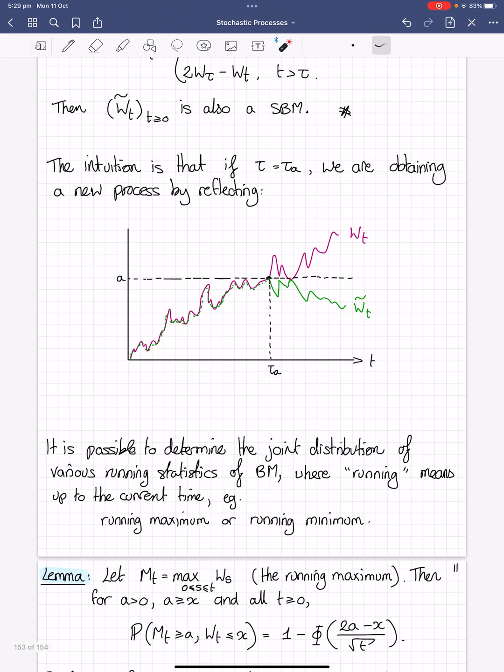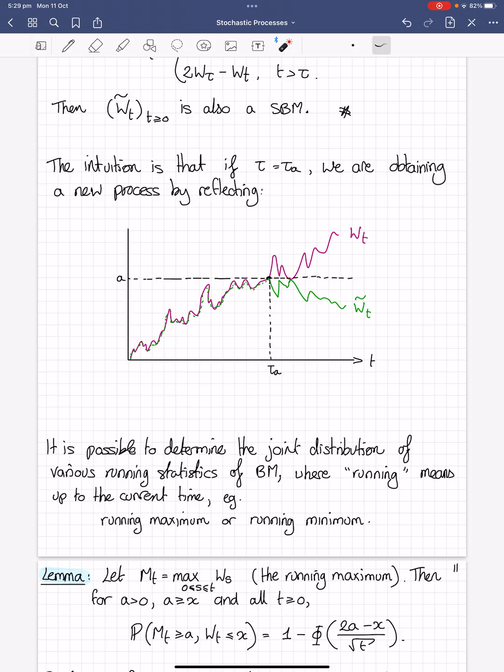So the final result I want to show in this lecture is that it is also possible to show various interesting joint distributions of statistics of Brownian motion paths. Some interesting statistics are things like the running means up to the current time, a running maximum or running minimum, or you can dream up a whole bunch of other things like this.